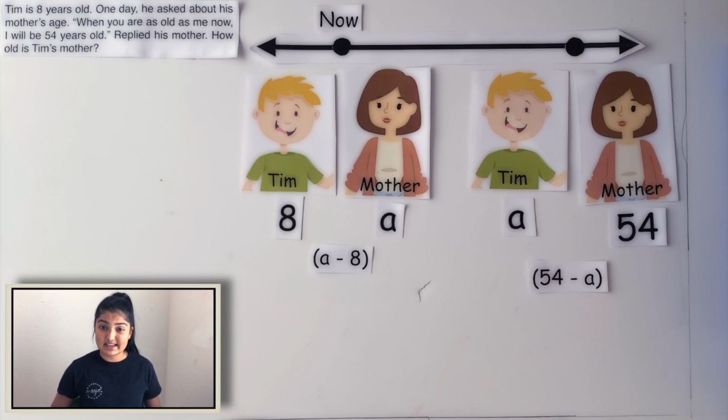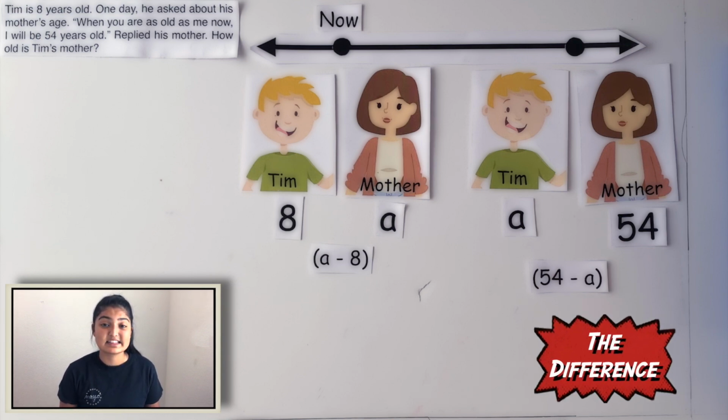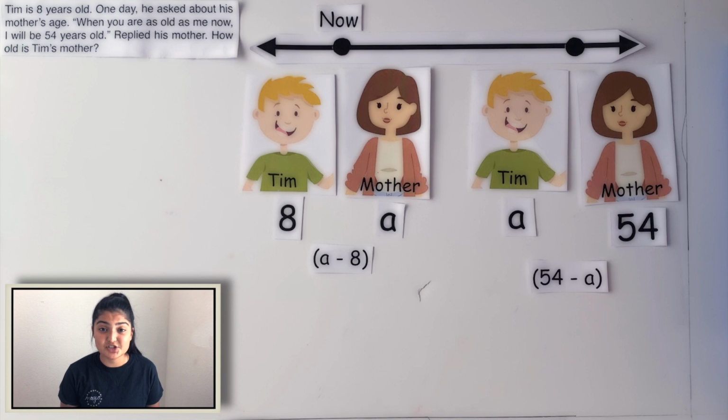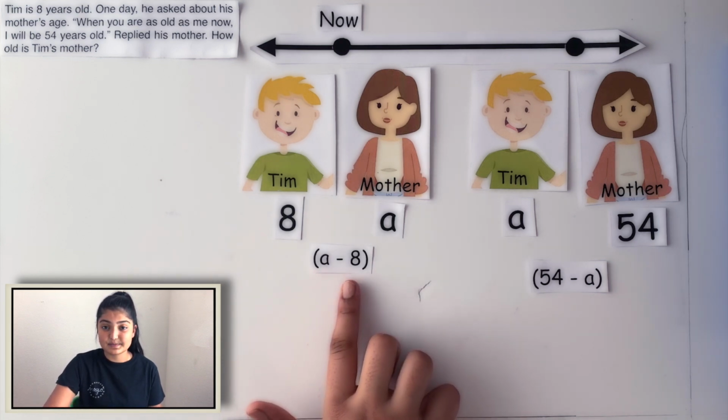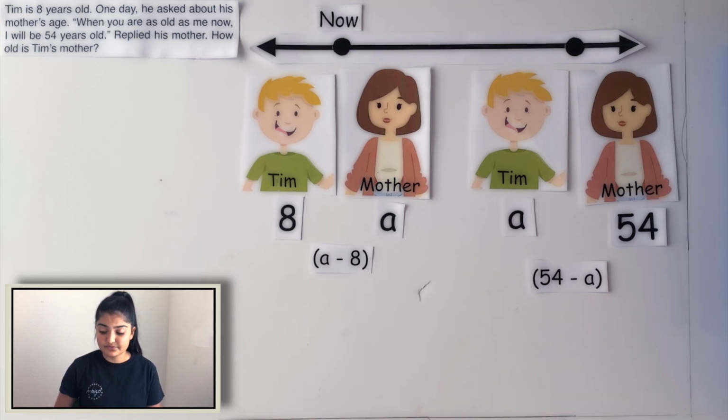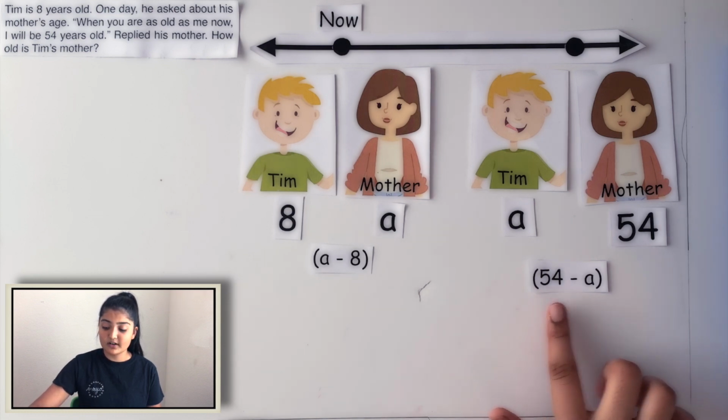But remember what I said. The difference between their ages will always be the same. So, to set up our equation, we can make A minus 8 equal to 54 minus A.